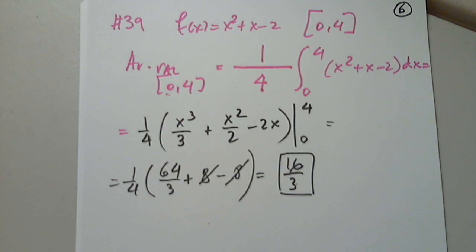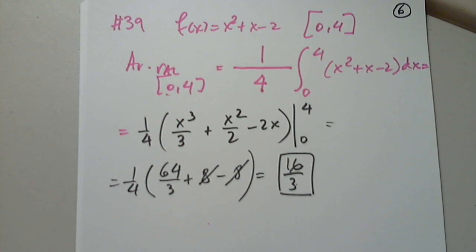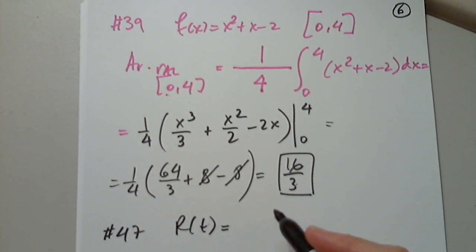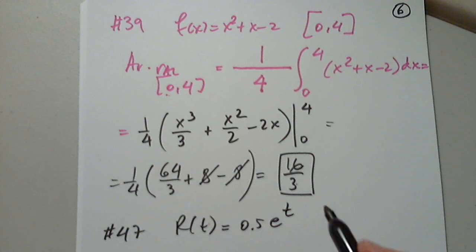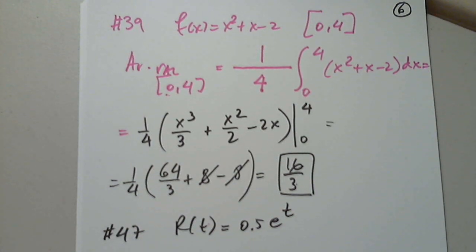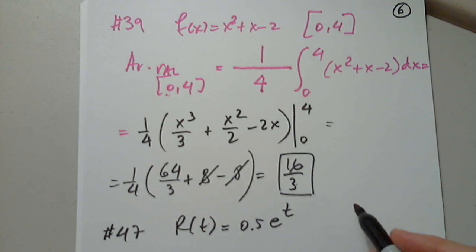Music Manager estimates that monthly revenue, R of t, given here in thousands of dollars, attributable to its website t months after the site was launched, is given by R of t equals 0.5 e to the t. Find the average monthly revenue attributed to the sales for the first 4 months of operation. So from 0 to 4.